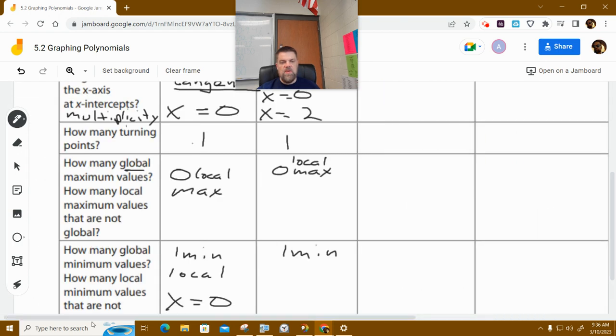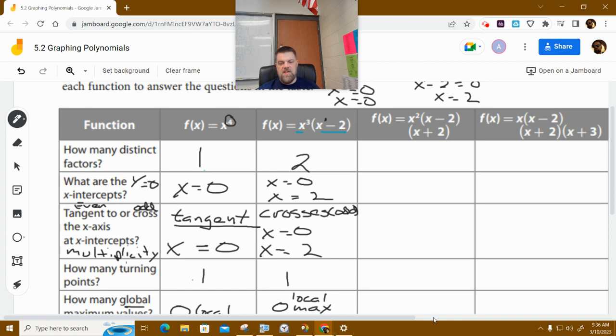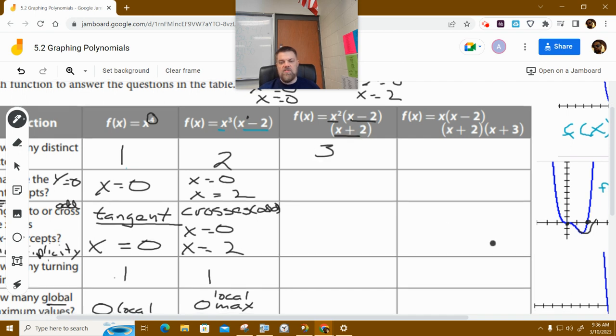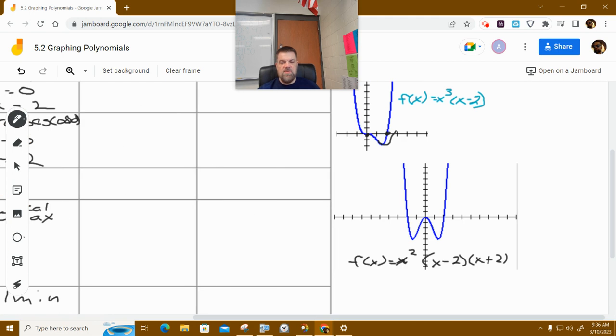So let's start with the distinct factors. How many distinct factors do we have? 3. Yep, I have 1, 2, 3. Now to find the x-intercepts, I have to set this equal to 0. If this equals 0, then I have to think that all of these factors have to be set equal to 0, because 0 times 0 times 0 equals 0.